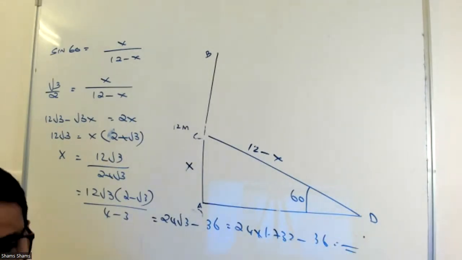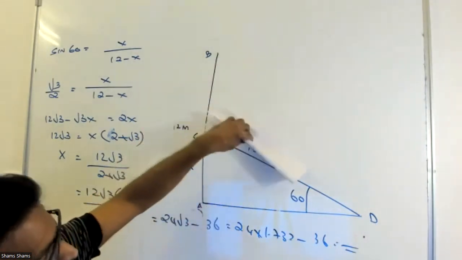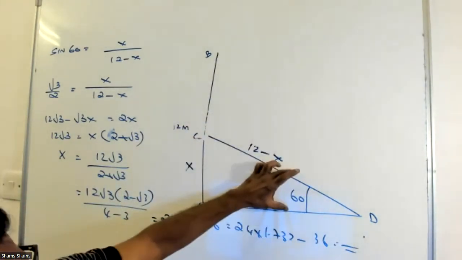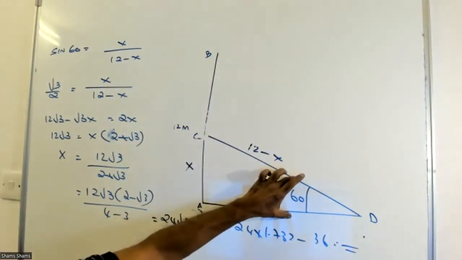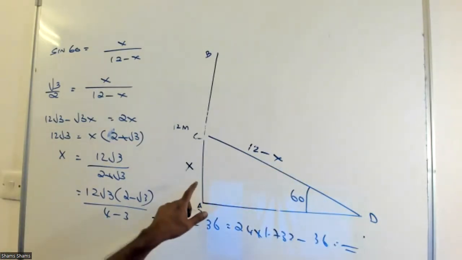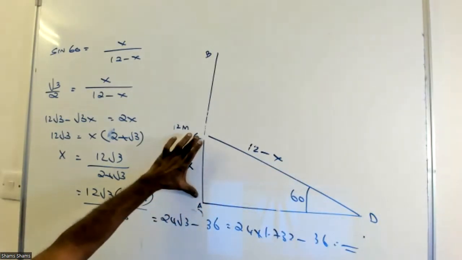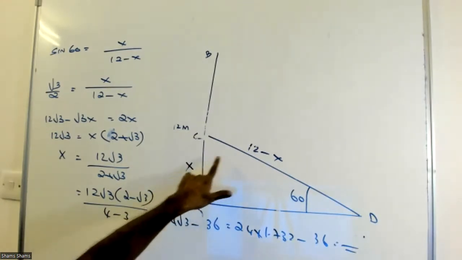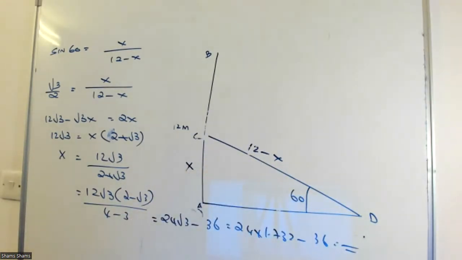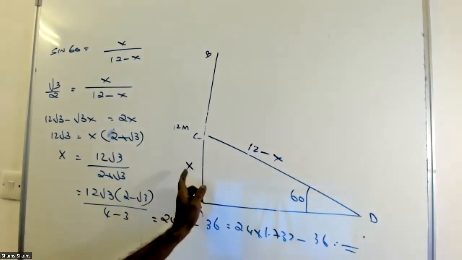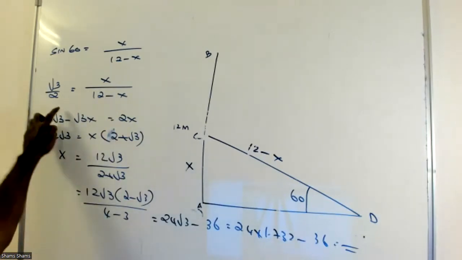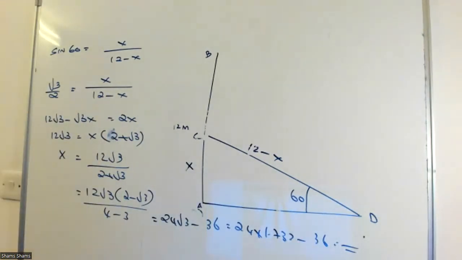When a tree is broken, it comes like this. Here it makes a 60-degree angle. Then we have to find this height AC. This is x, so it will be 12 minus x. The reason is the total is 12. Then connecting these, sine 60 is root 3 by 2. The correct answer is 5.569. 5.568 is also no problem.